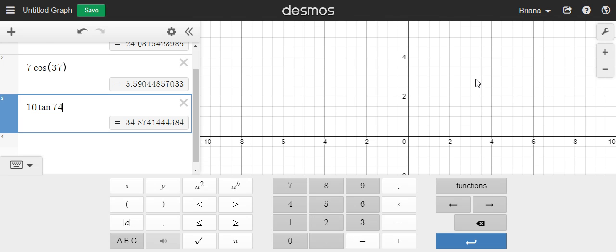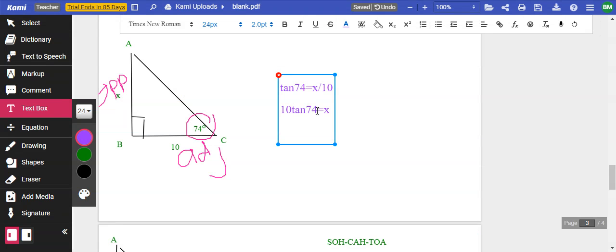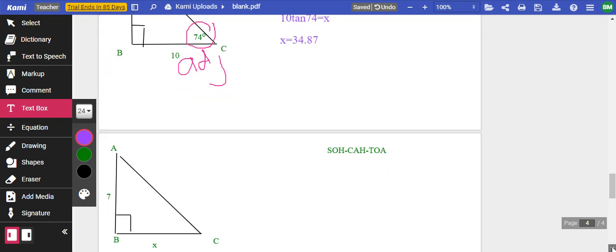Making sure, yep, I'm in degrees, and I get 34.87 is my length of that side. So x equals 34.87. Rounding to 2 decimals is usually good.